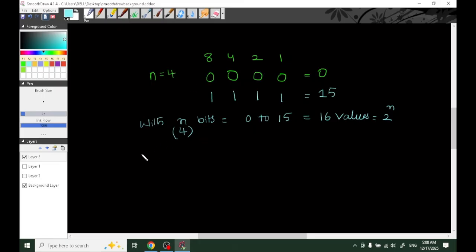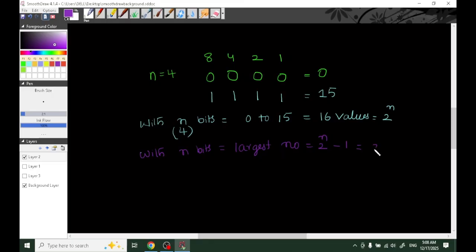And with n bits, the largest number that can be represented is 2 power n minus 1.